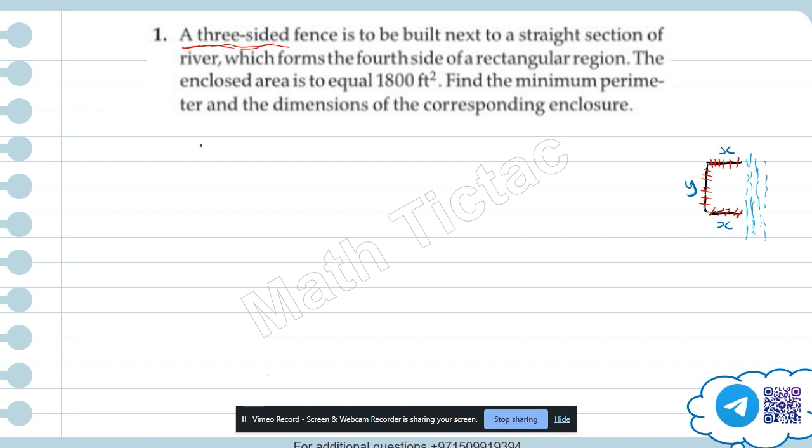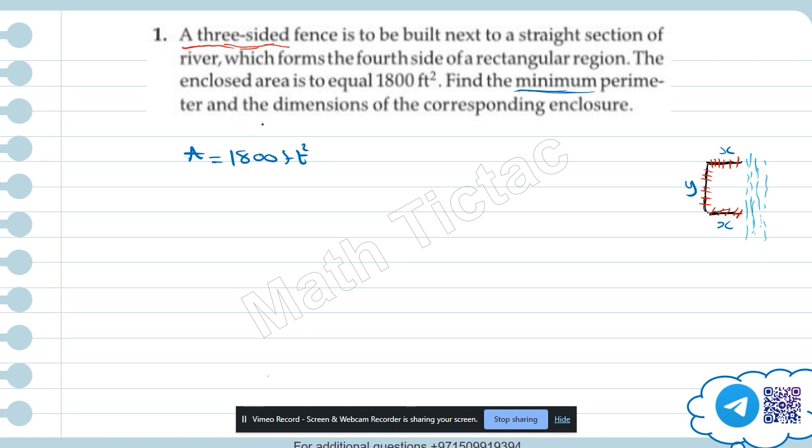Be careful with that. Starting by writing the relations that I have in the question. They started by mentioning the area. The enclosed area is equal to 1800 feet square.